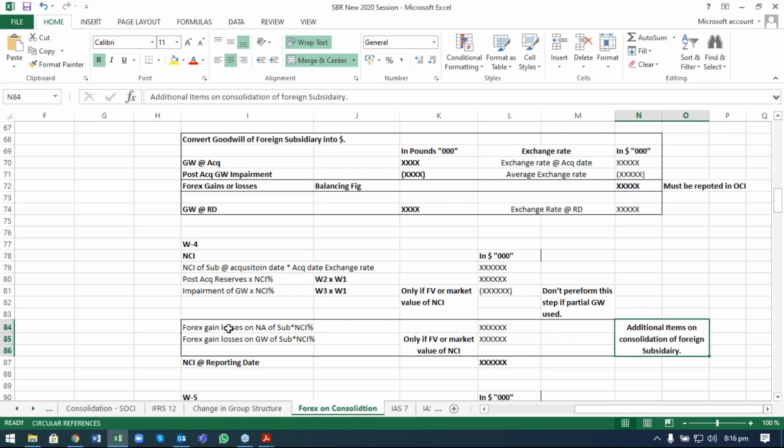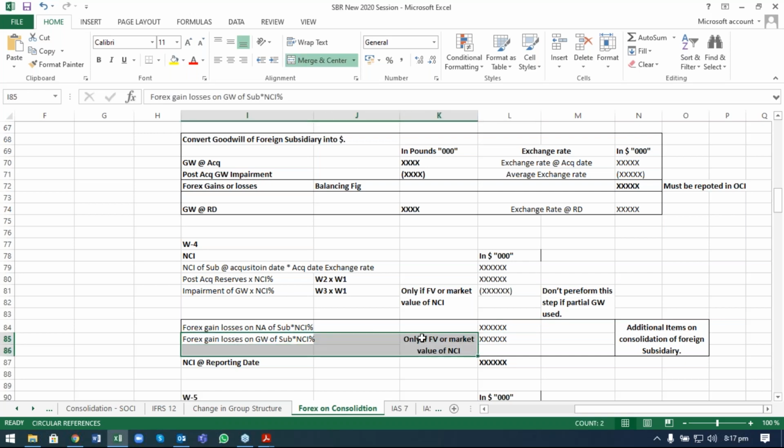Within NCI, you need to add up these two things. Any foreign exchange gains or losses on the translation of net assets of a foreign subsidiary should be assigned to NCI. But foreign exchange losses on goodwill should be accounted for in the same way as you have accounted for the impairment. If the full goodwill method was used, only then should foreign exchange gains and losses on the goodwill be assigned to NCI.